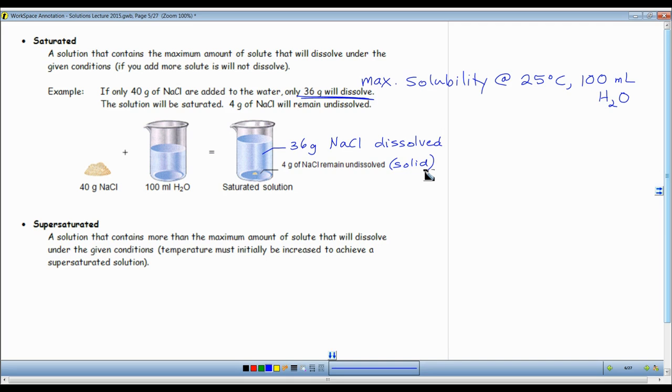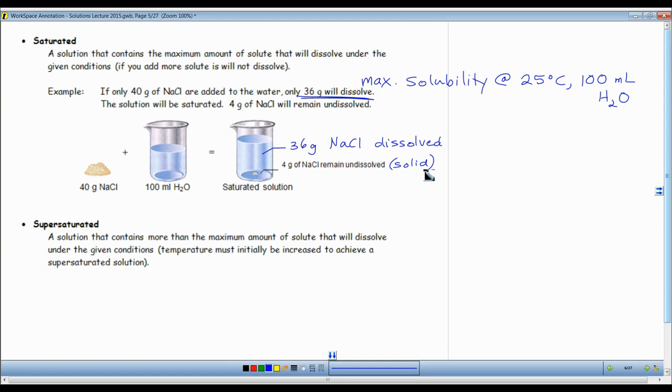So you add more, stir it around, and wait until you add enough salt that you finally see some solid remaining at the bottom of your beaker. Now you know that the solution itself has dissolved the maximum possible, because any extra is sinking to the bottom as undissolved solid. Makes sense, right?